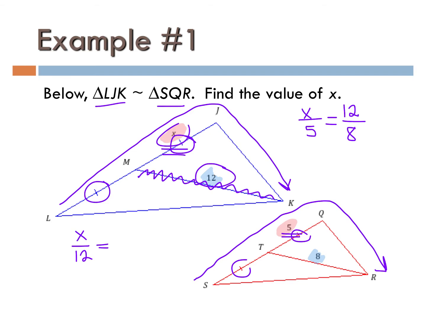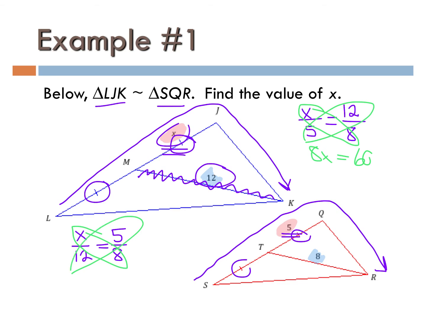x over 12 would equal 5 over 8. And so you may be saying, oh, those proportions are different, but they're really not. Here, if I do cross products, I'm going to get 8x equals 5 times 12, which is 60. Notice how I would get that exact same thing here. I would get 8x equals 60. So now I'm going to go ahead and solve it.